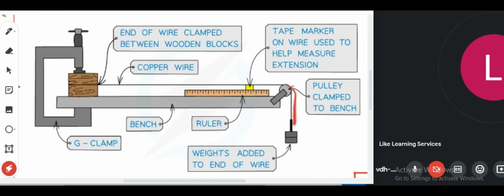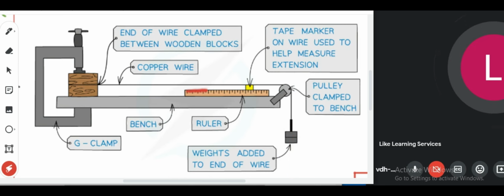Now the end of the copper wire is attached to a weight. We'll be adjusting the weight. We start with maybe 100 grams, which we convert to kilograms, and increase it to 200, 300 and so on. This is a pulley through which the string is passed, and at the end of it is a weight or load, which will help us to stretch the wire, because the weight will stretch it as it applies a force by the pull of gravity.